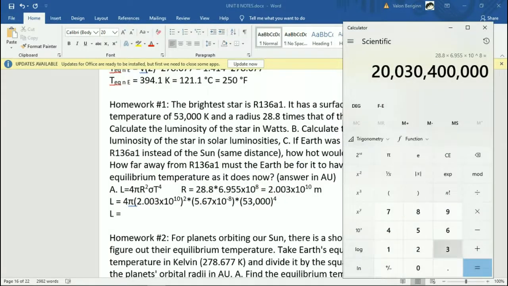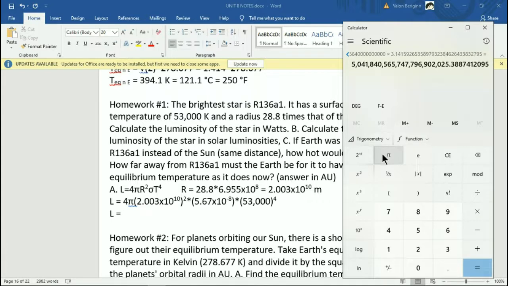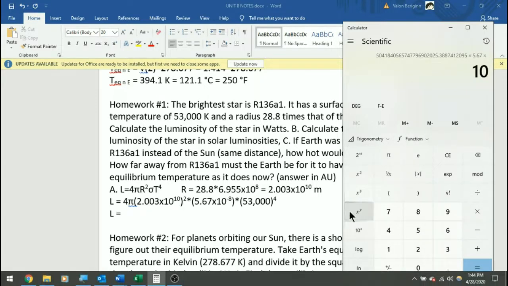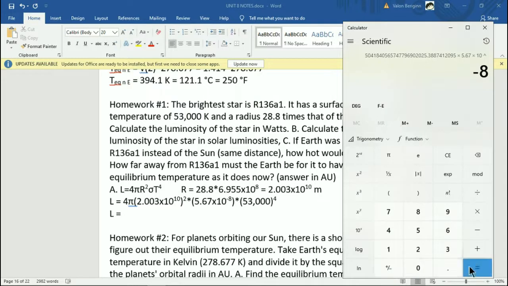Well, we want to be squaring this, times 4 times pi, times 5.67 times 10 to the negative 8, times 53,000 to the fourth. Yeah, that looks about right.